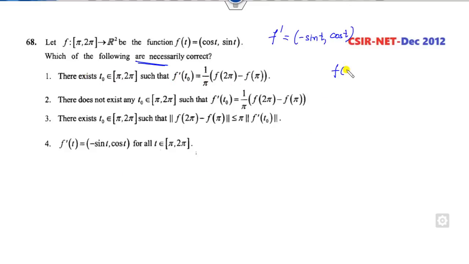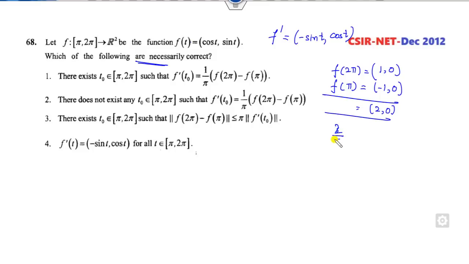So firstly we can find the value of f of 2 pi. What is f of 2 pi? It is (1, 0). What is f of pi? It is (minus 1, 0). Then you can subtract them. If you subtract them, you will get (2, 0). If you divide it by pi, it will be 2 over pi and 0 over pi.